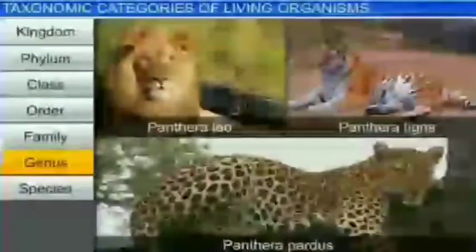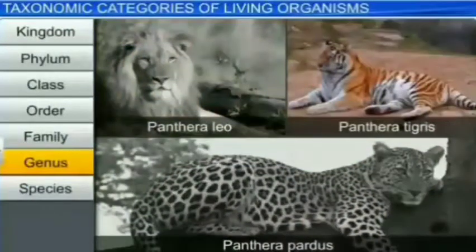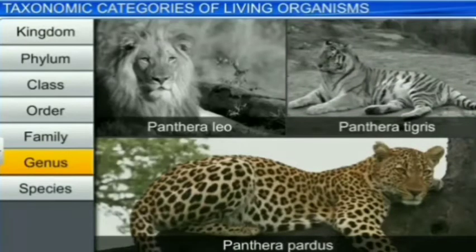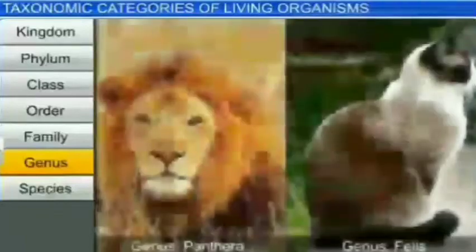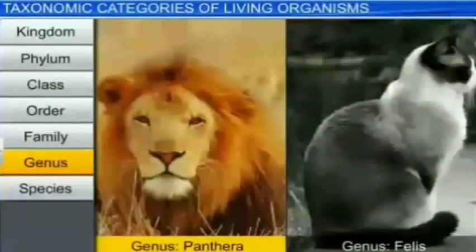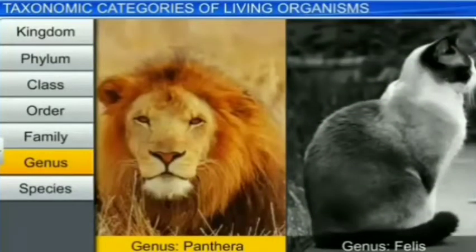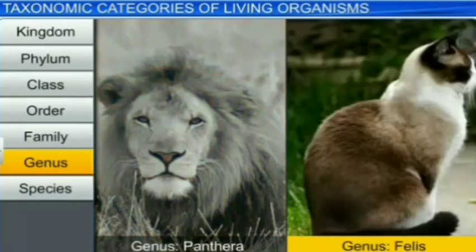Among animals, the lion, the tiger, and the leopard are closely linked, and thus are in the genus Panthera. However, the genus Panthera differs slightly from another genus, Felis, which includes cats.